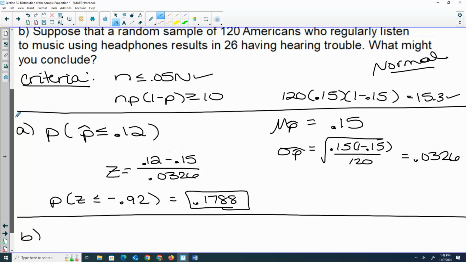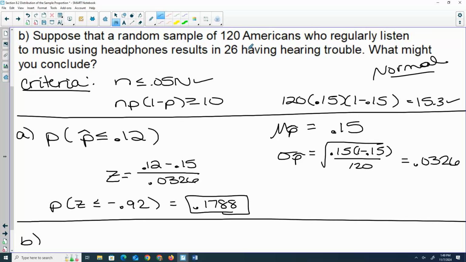Part B. Suppose that a random sample of 120 Americans who regularly listen to music using headphones results in 26 having hearing trouble. What might you conclude? So what do I need to do here? We have to get our p-hat. How do you get p-hat?